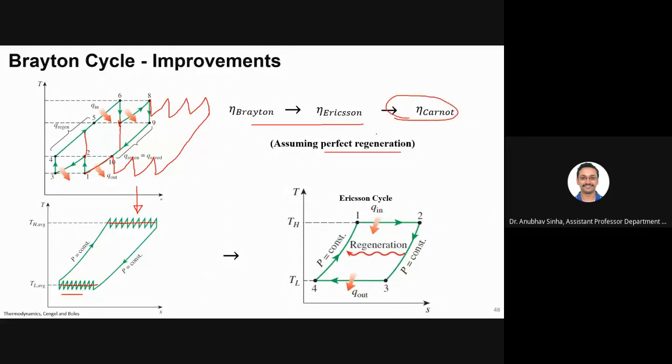We cannot reach the exact Carnot, but we can be close to that. That is the whole idea: by using these different stages, we try to improve efficiency and reach Carnot efficiency. That is the whole idea behind these steps. Is this clear?